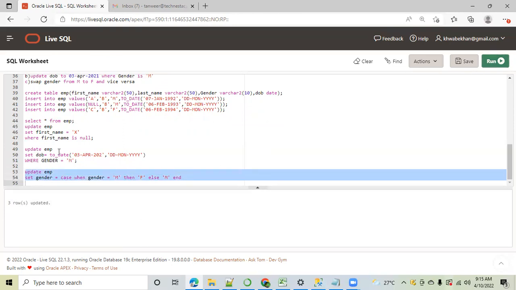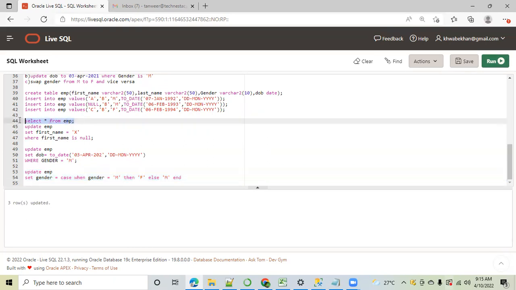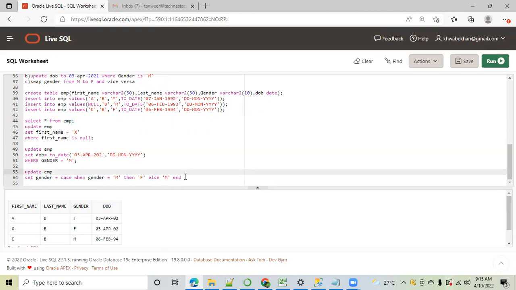Three rows updated. Now please verify the data. A and X are changed to female now and C is M, right? We have changed that. Now verify what you can see.